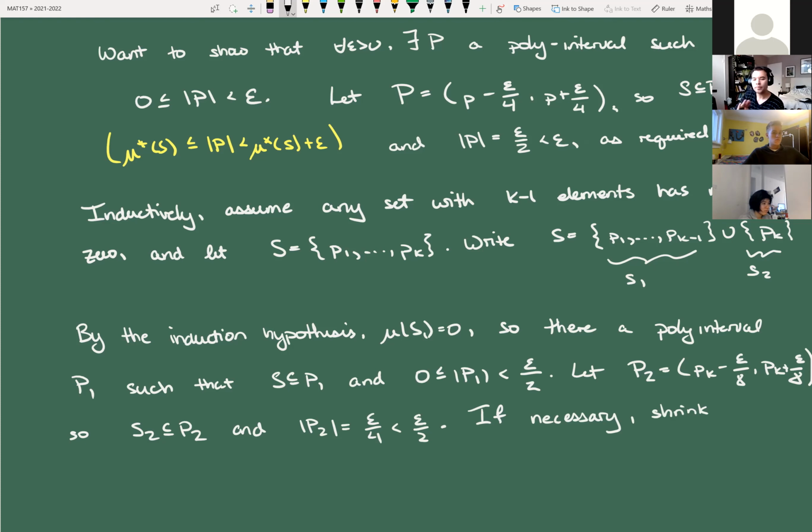P1, we said there is a P1 which exists, and we can certainly take it to be smaller, right? So if necessary, shrink P1 so that P1 intersect P2 is empty. Therefore, now when I union them, I do get a polyinterval. Now P1 union P2 is a polyinterval.